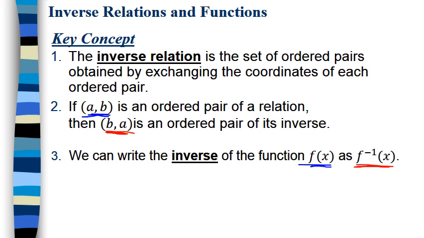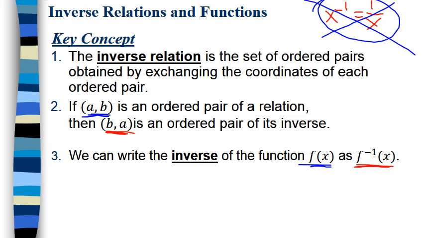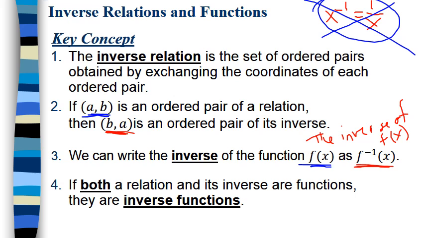We don't say f to the negative 1 because raising something to the negative 1, remember x to the negative 1 is 1 over x. That is not an inverse. That is not what we're talking about. We are talking about the inverse function of f, and you read that as the inverse of f of x.